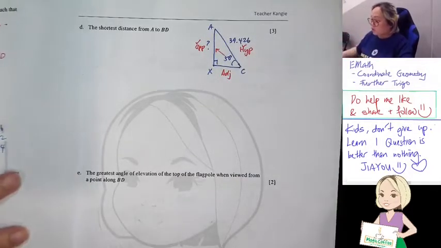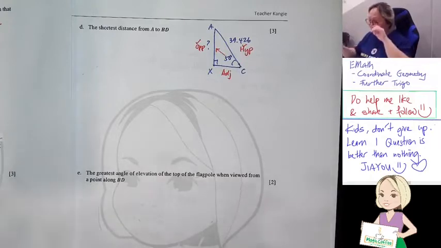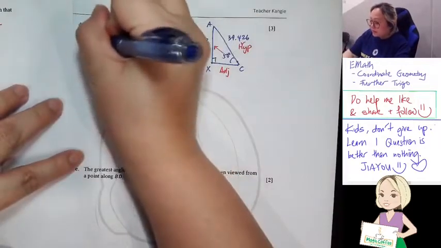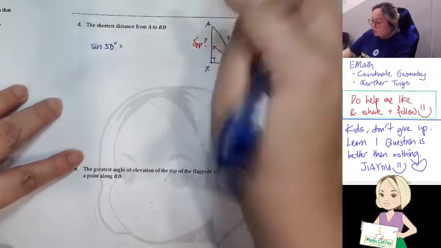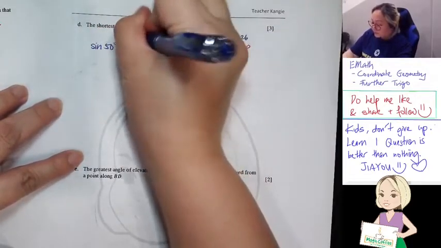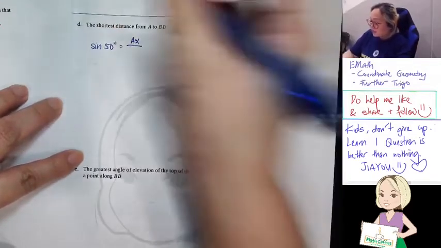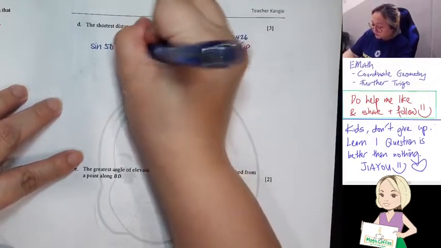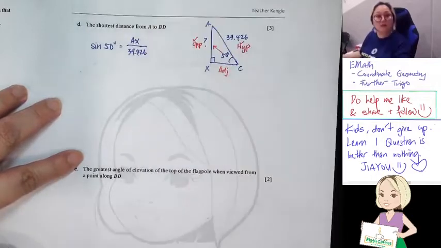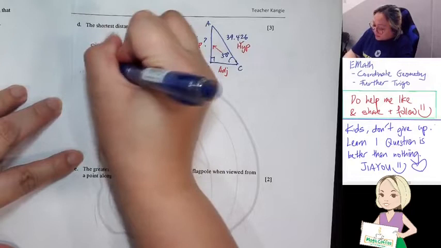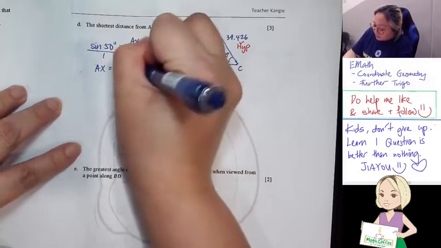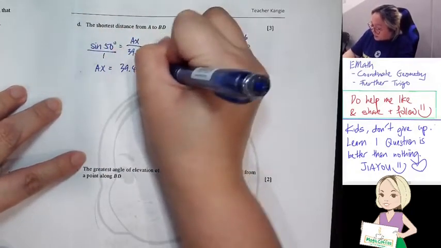I have to form the equation with sine. So sine 50 degree is equal to O, which is AX, over hypotenuse, which is 39.426. Cross multiply. AX is equal to 39.426 multiplied by sine 50 degree.